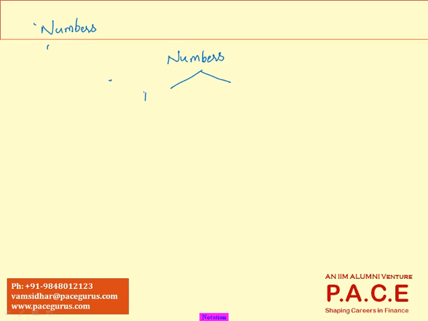One, I call them real numbers, generally denoted by the symbol R, or I have complex or imaginary numbers. We call them either complex or imaginary. They are generally denoted by C. This is one category of numbers.